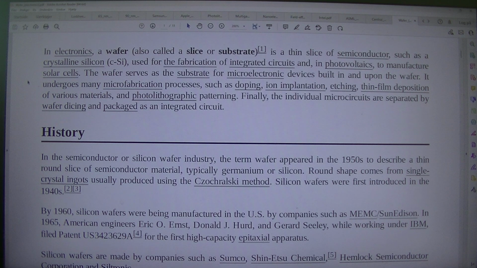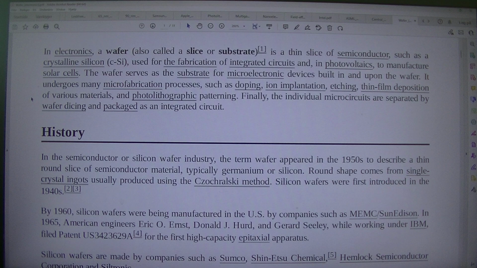It undergoes many microfabrication processes, such as doping, ion implantation, etching, thin film deposition of various materials, and photolithographic patterning. Finally, the individual microcircuits are separated by wafer dicing and packaged as an integrated circuit.